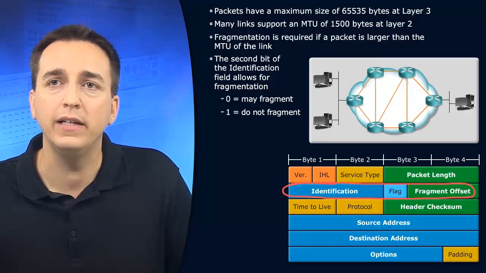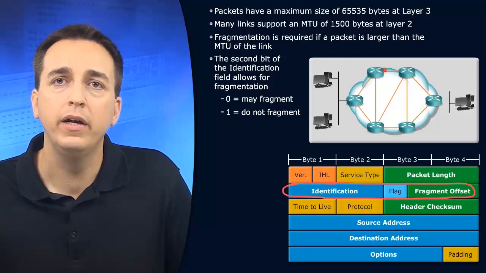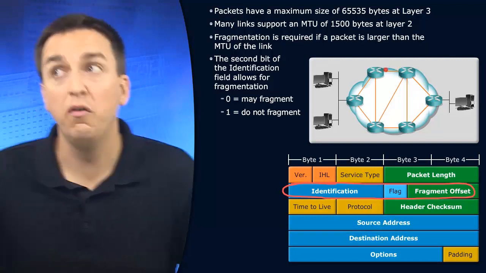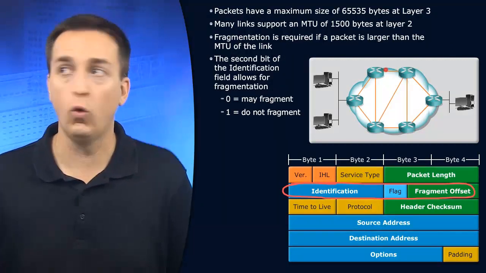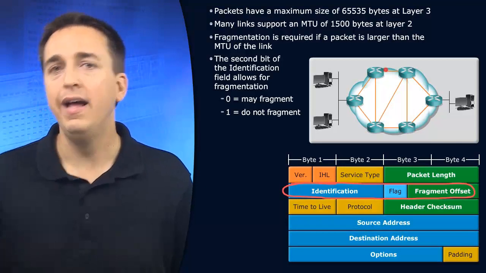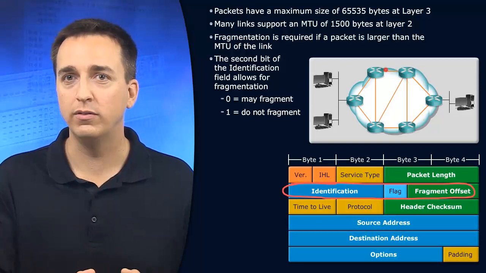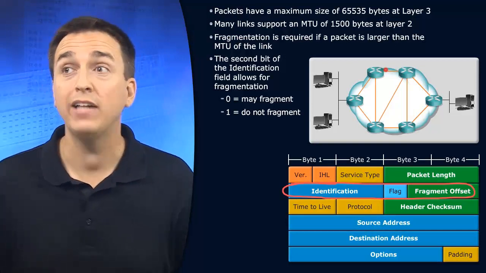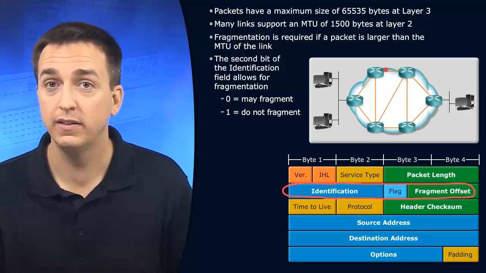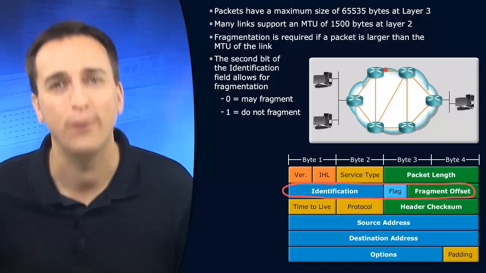However, its interface, let's say this interface right here, is only supporting an MTU of 1460 or 1450. If that's the case, what does the router have to do now? It's going to have to fragment something that's already been fragmented.